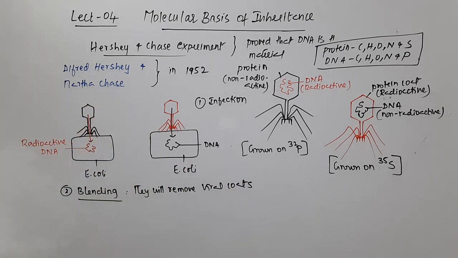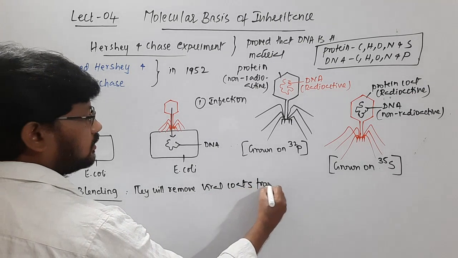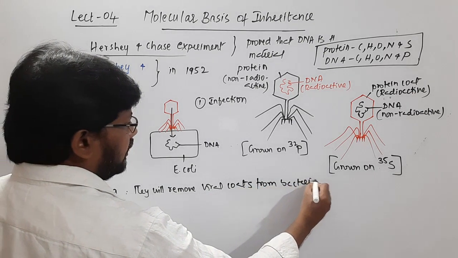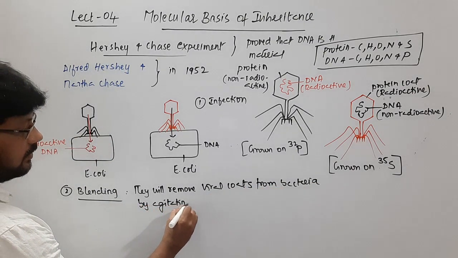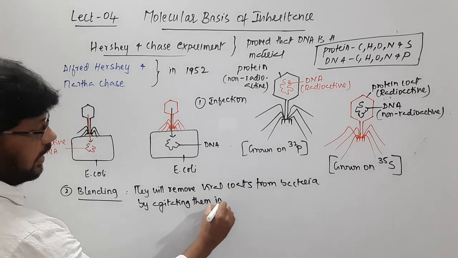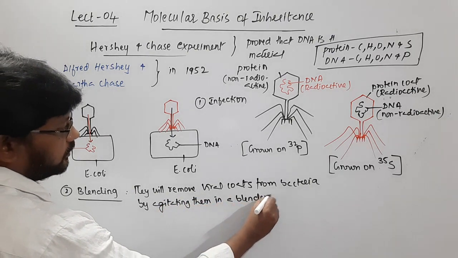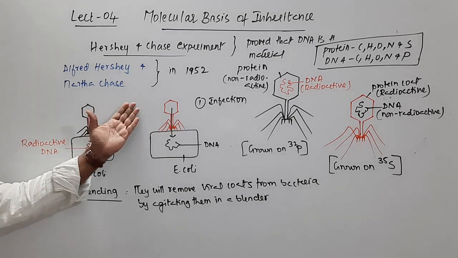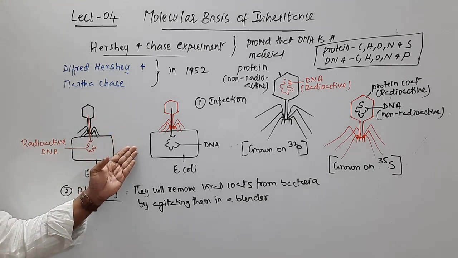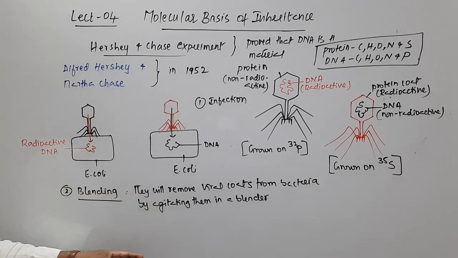They are going to remove these viral coats from bacteria by agitating them in a blender. The blender is a grinder, which will help in separating these viral coats from the bacteria. So that step we call blending.